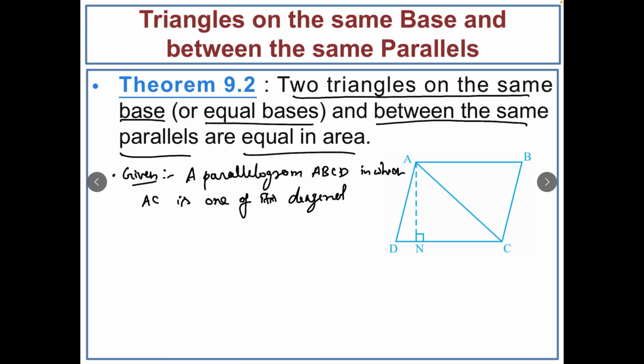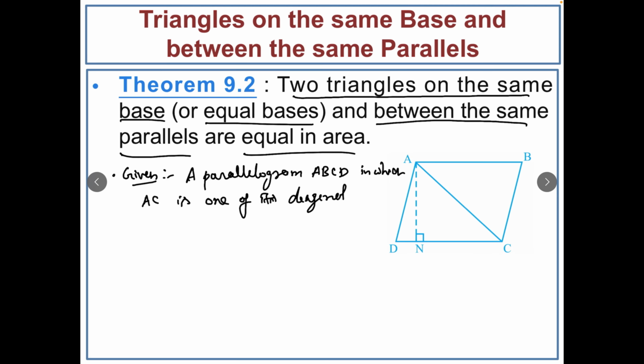We are given a parallelogram ABCD in which AC is one of its diagonals, and we have to prove that the areas of the two triangles are equal. The triangles are triangle ADC and triangle ABC. You have to prove that the area of triangle ABC is equal to the area of triangle ADC.